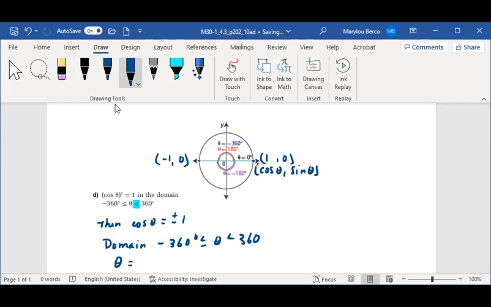Okay, so theta will be equal to 0 degrees, 180 degrees, and because the domain is from negative 360 to almost positive 360, we have negative 180 and we have negative 360, but not positive 360 because it's not part of the domain. Domain defined.